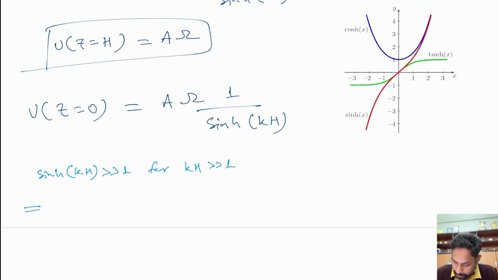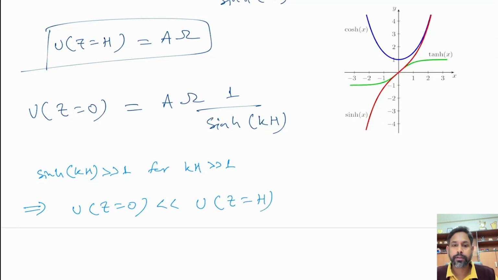Okay, that actually means that u at Z equal to 0 is much smaller than u at Z equal to H, right?